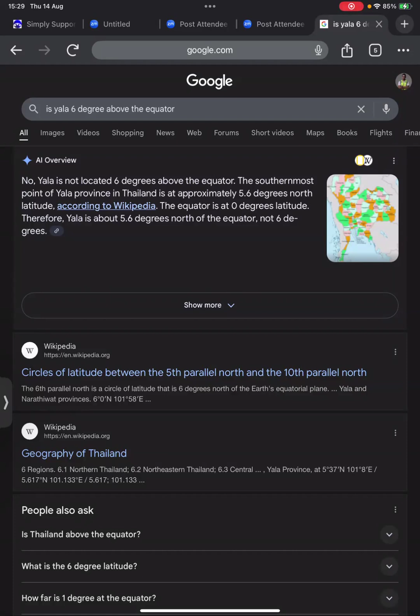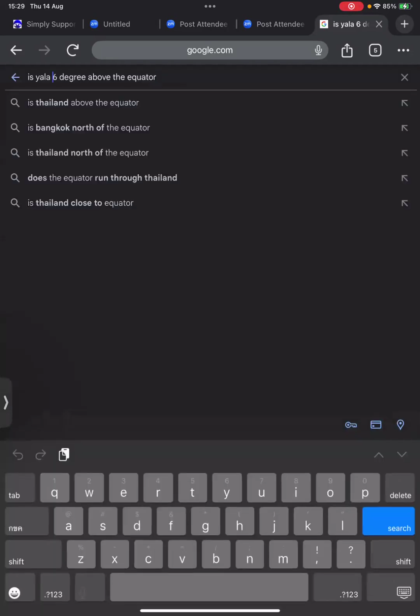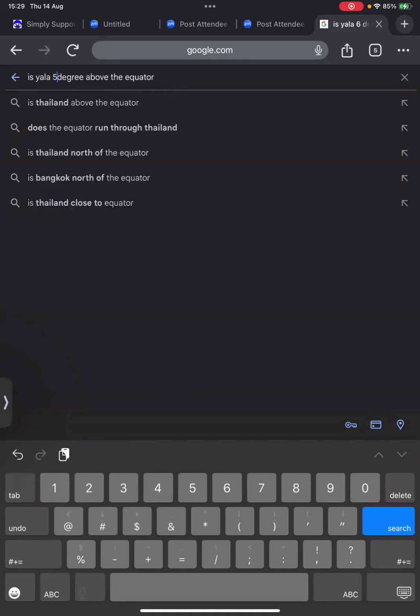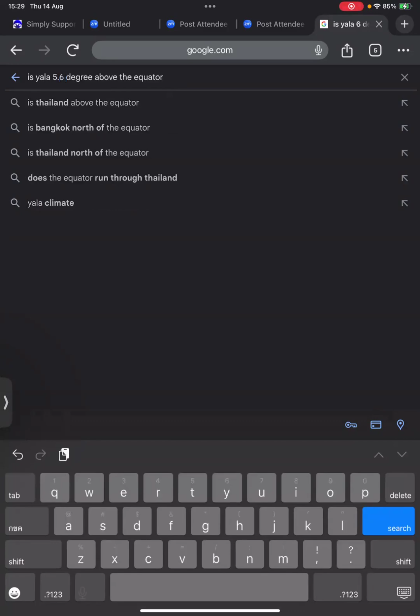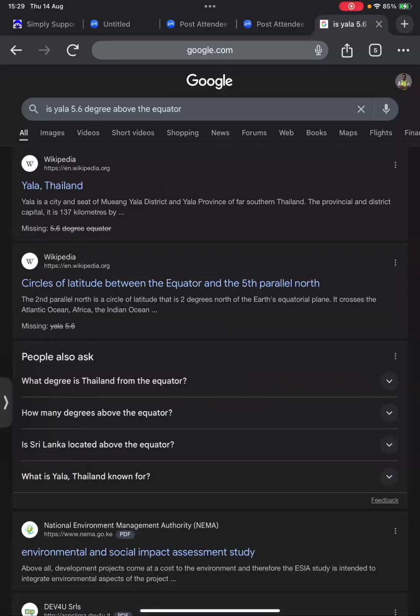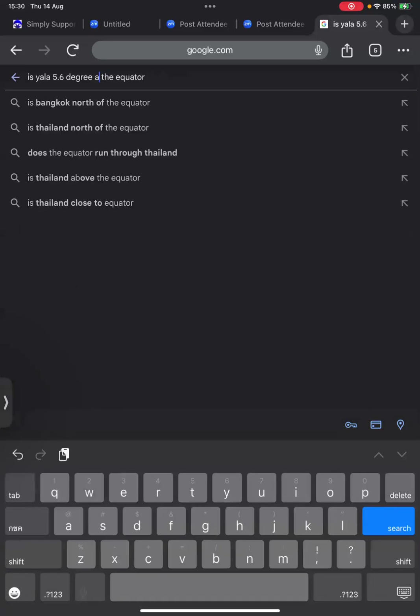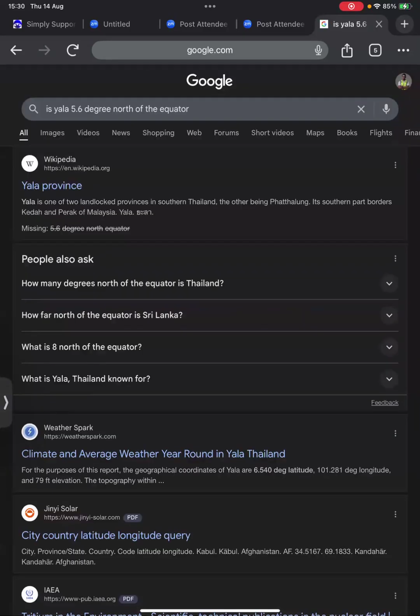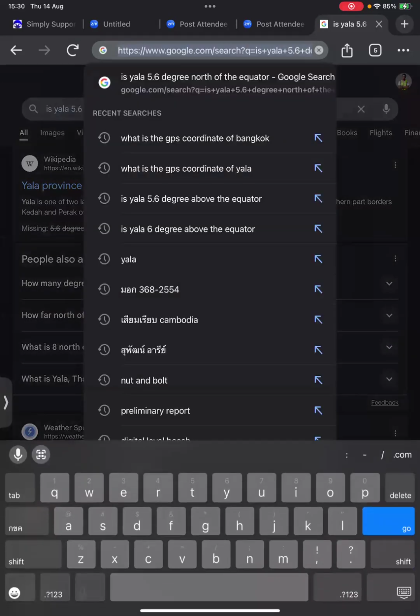Okay, 5.6, not 6. How about if I say, is Yala 5.6? This one needs to be very precise. Is Yala 5.6 degrees, can I just say above? Because it's in the north, right? What happened? It's gone. Wow. The AI is gone.